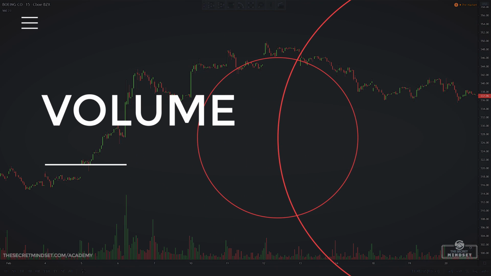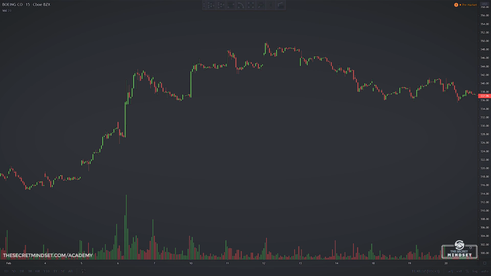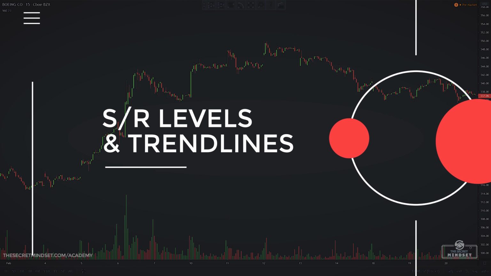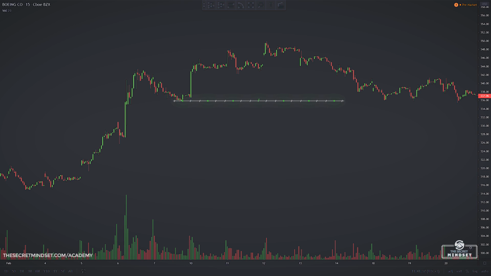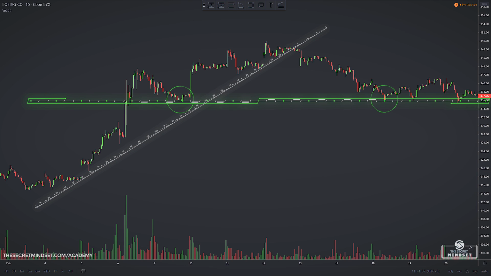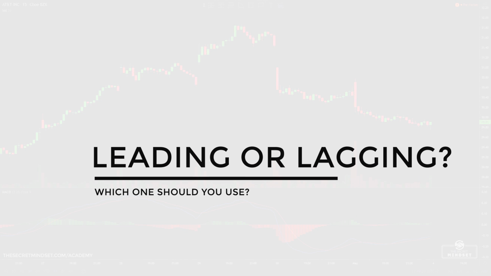Other traders also consider volume as a leading indicator, but only in conjunction with price. Trend lines, support and resistance levels can also be considered leading tools because you can plot them on your charts and find levels where the price can react. Leading indicators tell you ahead of time where the market is likely to find support and where the market is likely to find resistance.